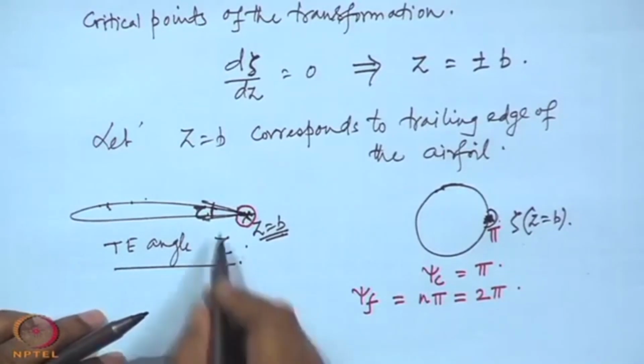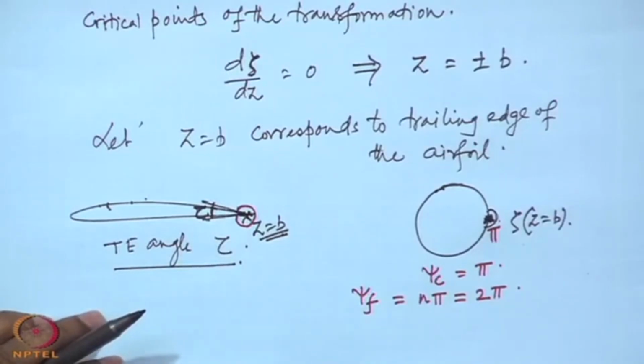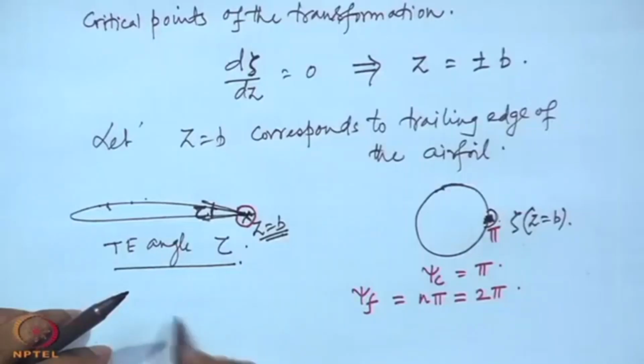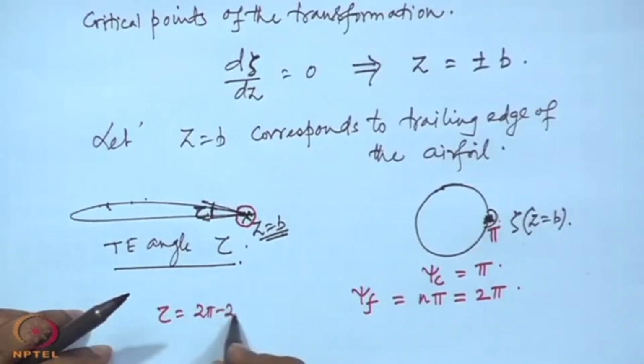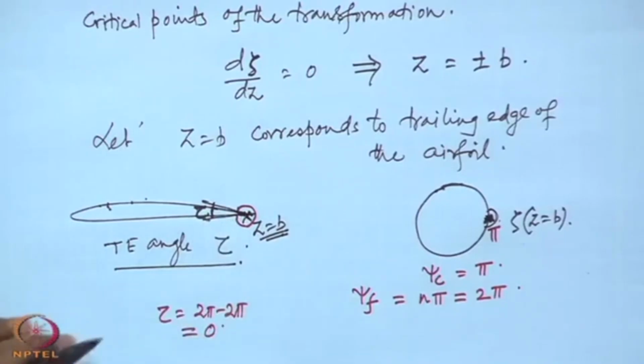Okay. Then how much will be tau? Tau is 2 pi minus 2 pi, 0.